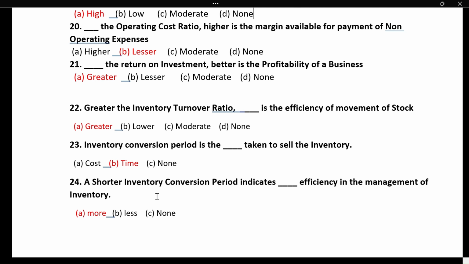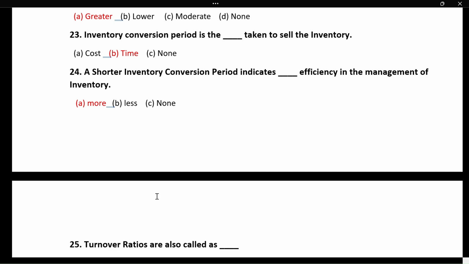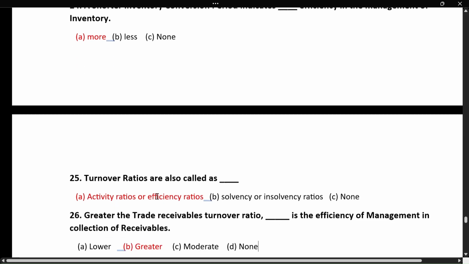The greater the return on investment, the better is the profitability of a business. The greater the inventory turnover ratio, the greater is the efficiency of movement of stock. Inventory conversion period means what? Time taken to sell the inventory. A shorter inventory conversion period indicates more efficiency in the management of inventory.